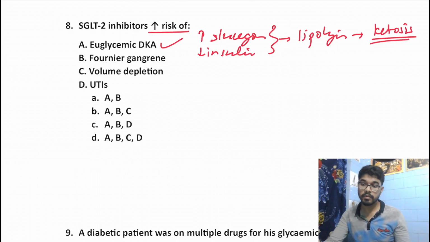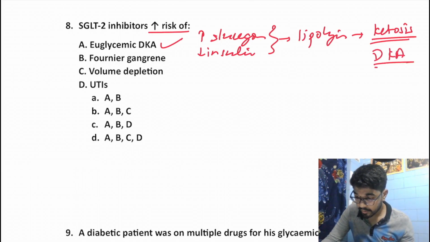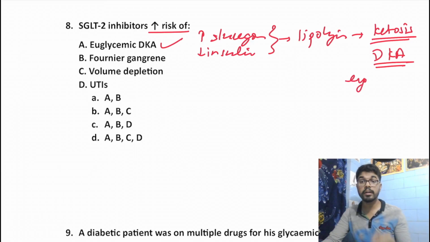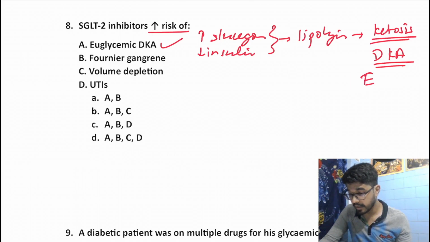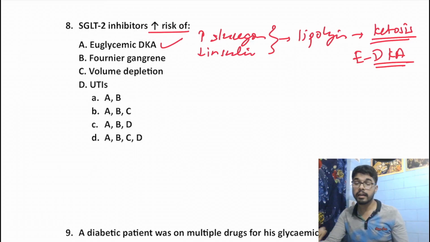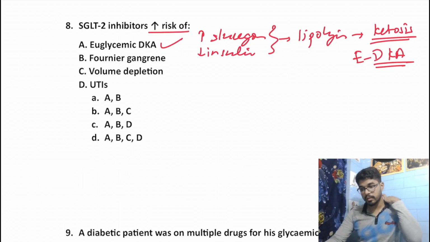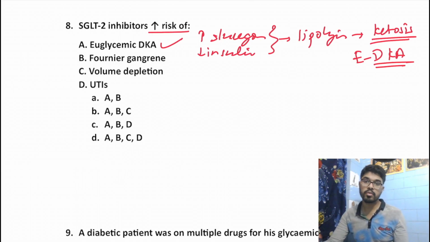And this is responsible for DKA. And over here we get euglycemic DKA because of the glycosuria that is occurring, right? SGLT2 inhibitors are not allowing reabsorption of glucose in the renal PCT. That's why the glucose levels are normal, but we are getting acidosis and ketosis.